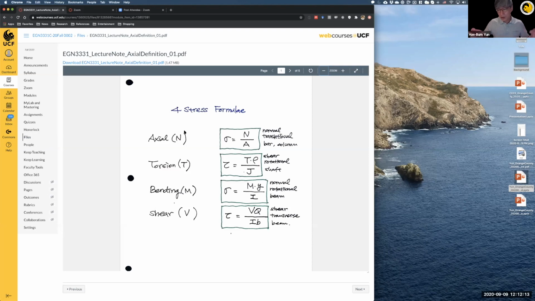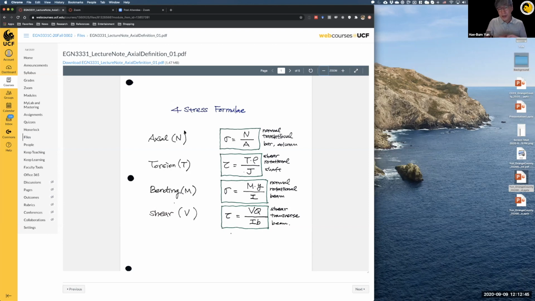Axial load, you can think about the column or the bar pressing with the axial load, right? What happens? It will shrink, right? And the cross section is where we can cut, and the direction of the stress is normal to the cross section, correct? That's why axial force creates the sigma, okay?